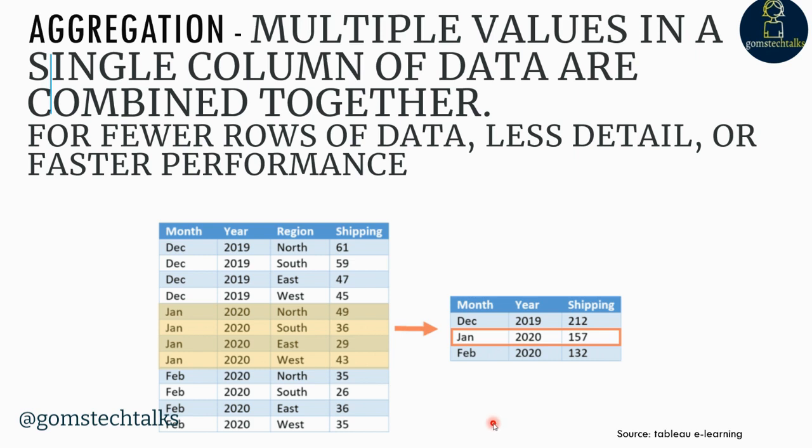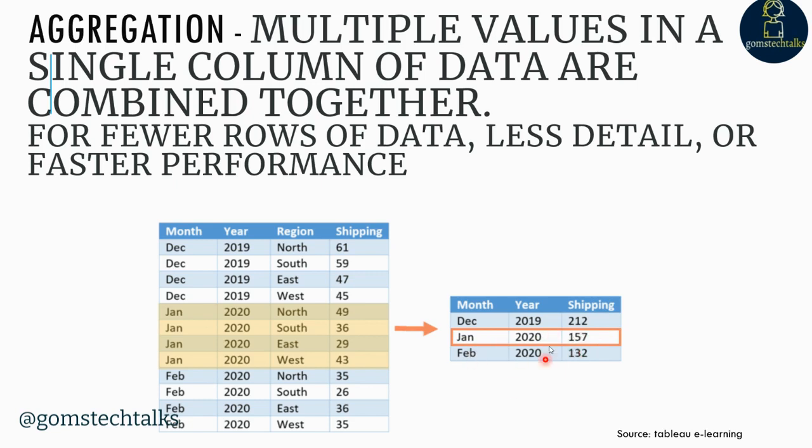And after doing aggregation, how will you get the output? You can aggregate the data, that is the shipping data or anything, based on the month. That is, for December 2019, what is the total cost of shipping? For January 2020, what is the total cost of shipping?